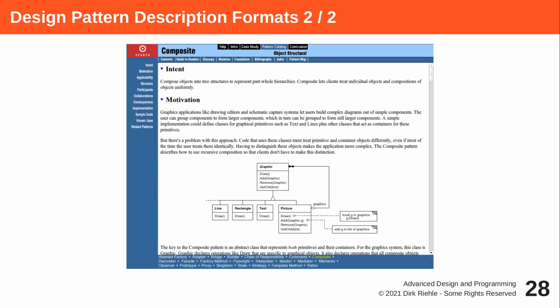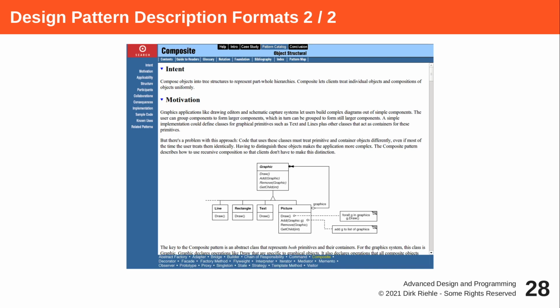Here is how it looked in the original design patterns book. There was a CD, and this is a screenshot from the CD, but it's the same content as in the book.